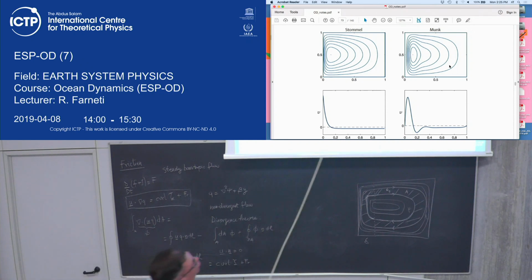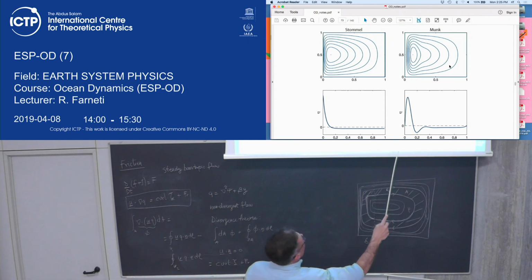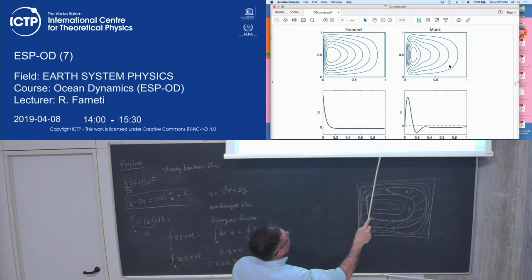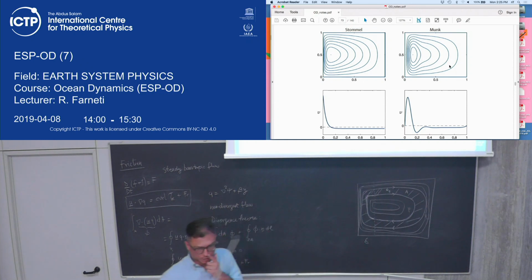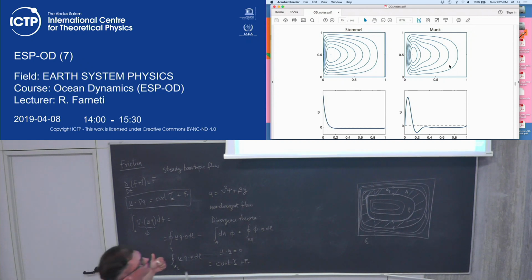Otherwise, if there was a streamline closed outside of the boundary layer, there would be no place during that trajectory where frictional effects are important. And so there would be no way for that streamline, or along that streamline, to balance the input of vorticity. It has to go through the boundary layer where frictional effects are important.